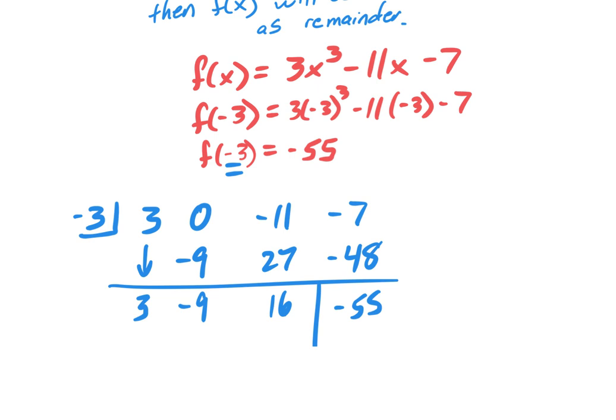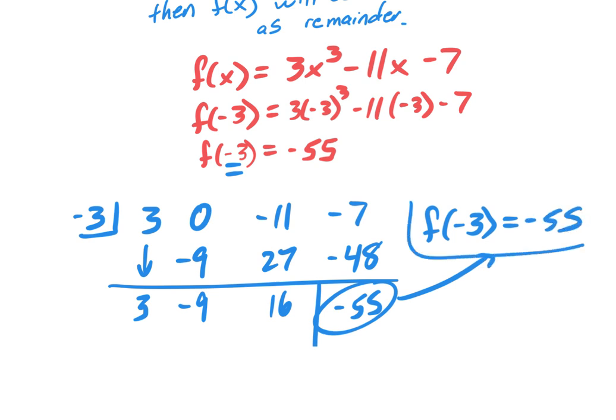But if you had to use synthetic division, or we talked about what synthetic division remainder would tell us, then it's just another way of saying f of negative 3 equals whatever the remainder is, which is negative 55. Okay, both of them get me to the same place. So you can use synthetic division to find a solution or to evaluate a function as well.